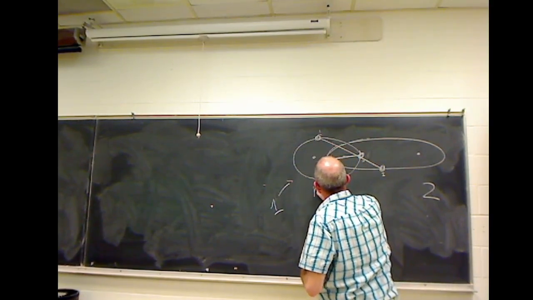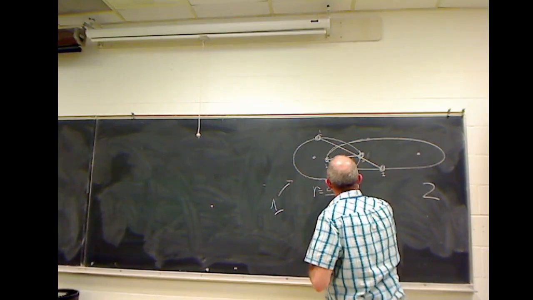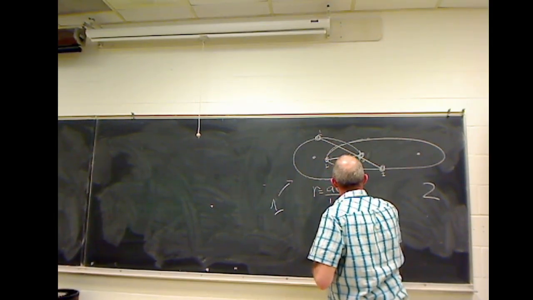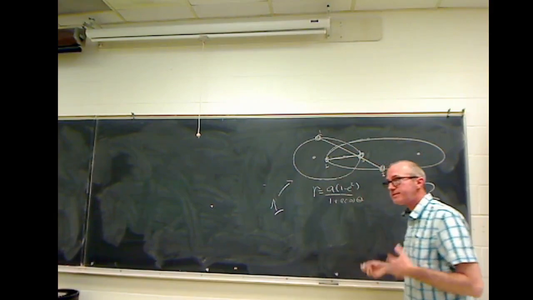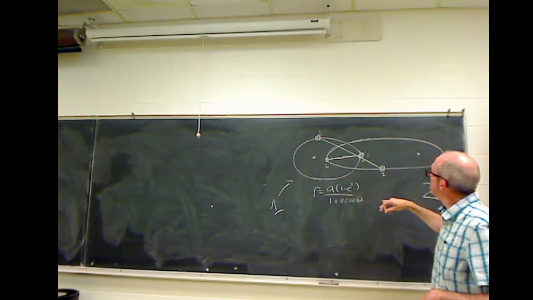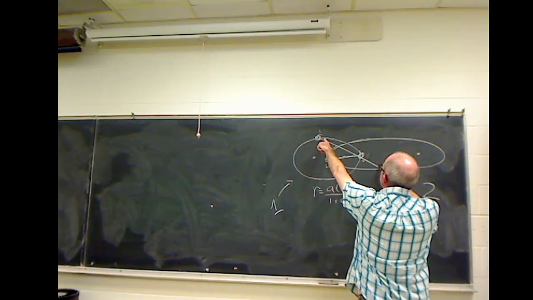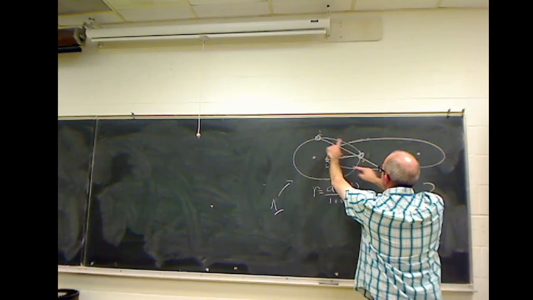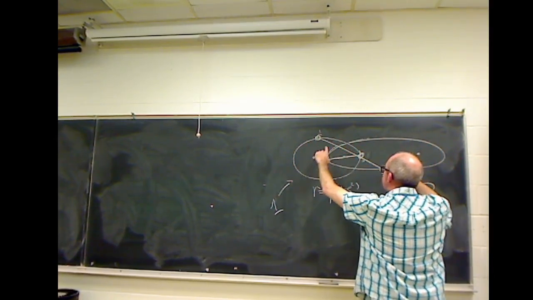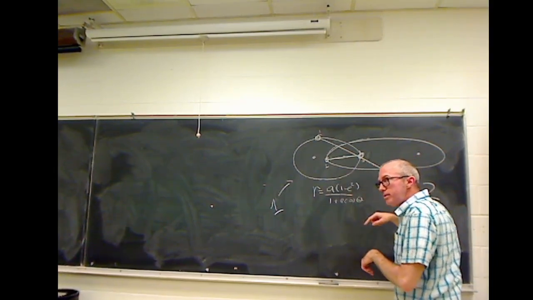So we have r equals a times 1 minus e squared over 1 plus e cosine theta. This is true for an ellipse. That's what an ellipse is. So r is the difference between these two things, and it traces out an ellipse as these things go like this. These things also individually trace out ellipses as they move around their orbits.